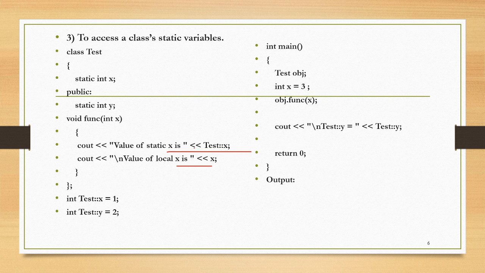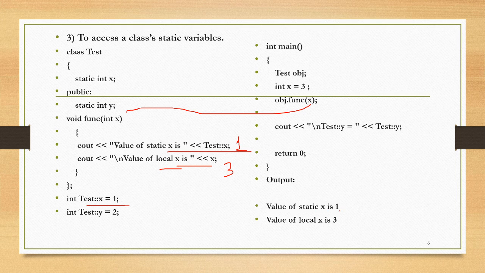So what is the output of the code? x coming from here, the local variable, is 3, and the initialized static x printed here is 1. So you will get the output as value of static x is 1 and value of local x is 3. And then we have printed the value of y, that is 2. Again we have used the scope resolution operator. So this is the way to use the scope resolution operator to access static variables present in the class.